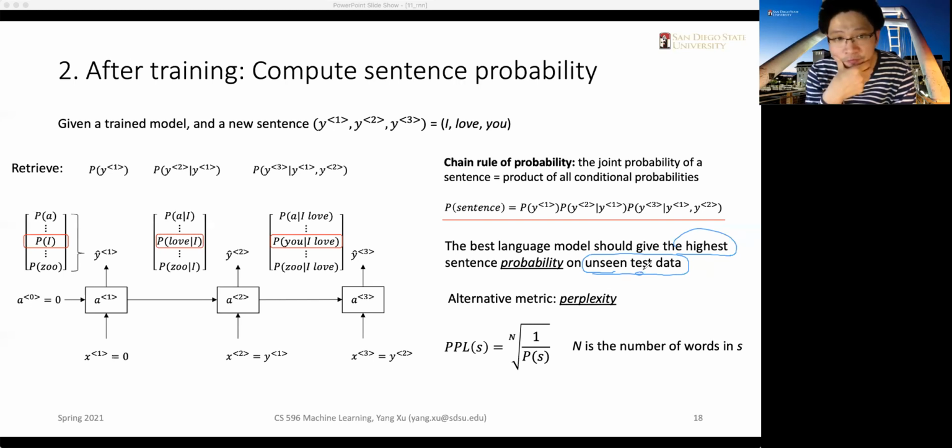If we have two models, A and B, and model A produces sentences that have higher probabilities than model B, then it basically says that model A behaves in a way more similar to the way that human beings produce language. So that's why we say the sentence probability is a good way to tell how good a language model is.